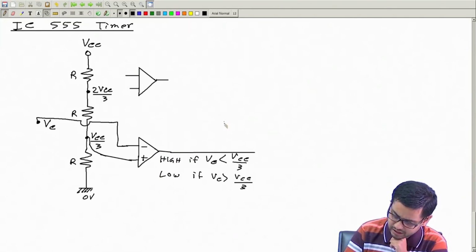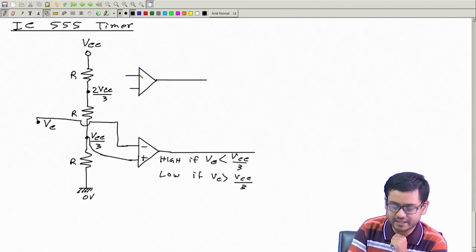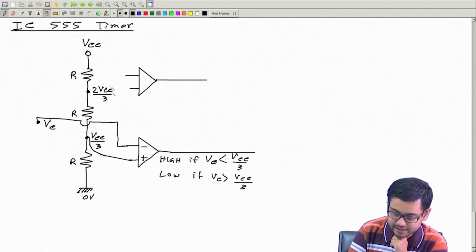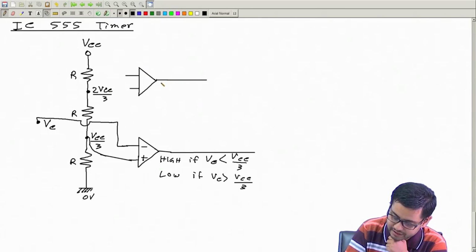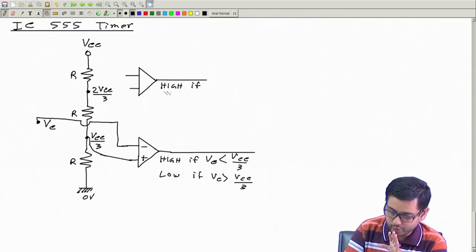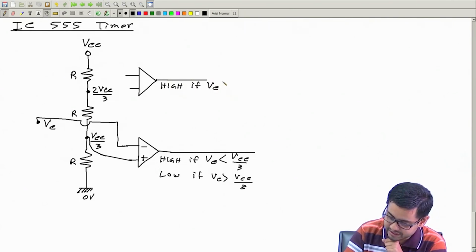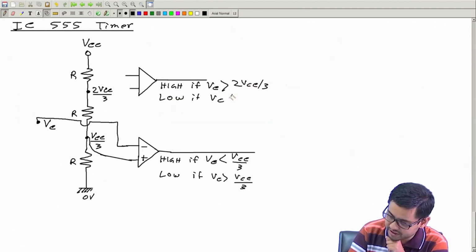Similarly, I will connect this comparator so that it tells whether VC is higher than this or not. Say I want the output to be high if VC is greater than 2 VCC by 3 and low if VC is less than 2 VCC by 3.